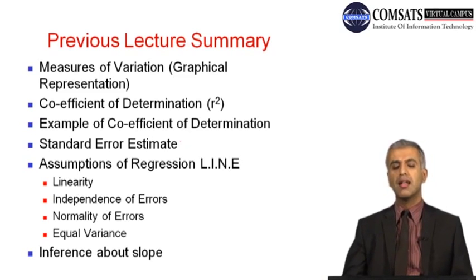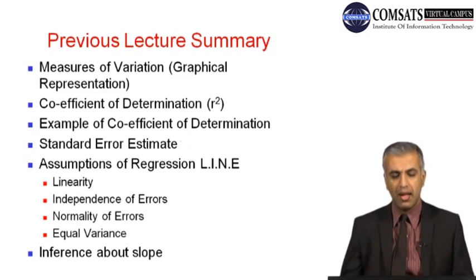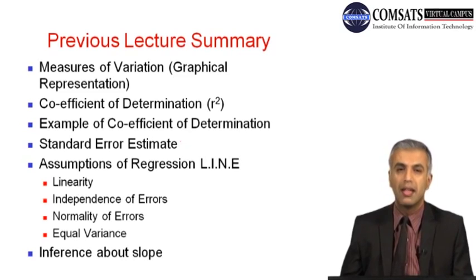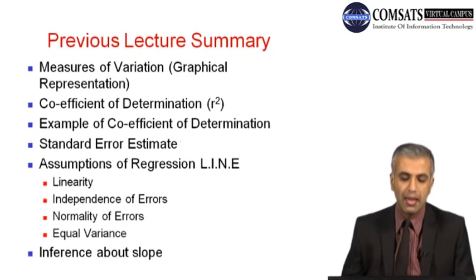As we know, the correlation coefficient is determined by R, and the square of it, R square, is the coefficient of determination. So once we do a scatter plot of the relationship between two variables, it easily gives us the R square as well.